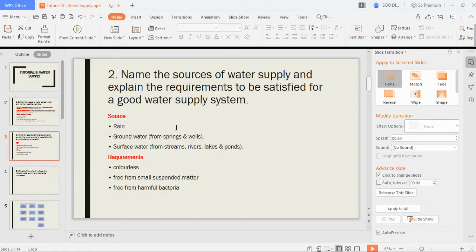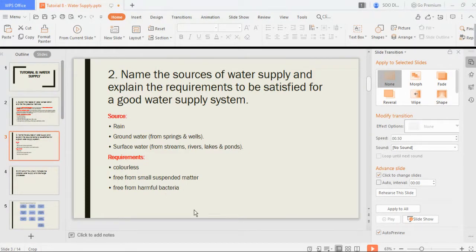Okay, so next we have question number 2, which is to name the sources of water supply and explain the requirements to be satisfied for a good water supply system. The three sources of water supply from which we can obtain water are rain, groundwater, and surface water. A good requirement for a water supply system is that the water needs to be colorless, free of any suspended matter, organic or inorganic, and free from any harmful bacteria.